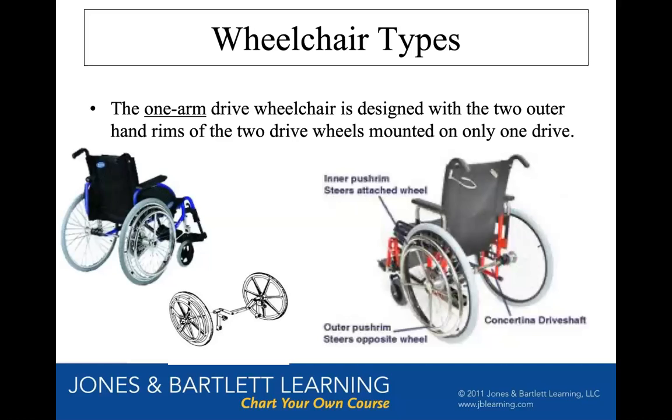And also before he had a spinal cord injury, he was in the military and he had an upper extremity amputation with an upper extremity prosthetic, which just had a hook on it. So he was in a manual chair. He only had one good arm. He only had one good extremity left to use. So that's how he propelled himself. He didn't want to use a power chair for some reason. He wanted to use a one-arm drive chair to stay strong and fit, I guess. And that's what he chose.